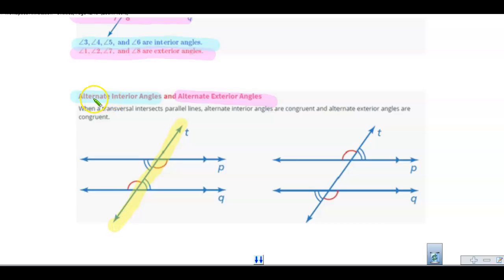So when we have alternate interior angles, that means we have interior angles inside those parallel lines that are on opposite sides of the transversal. One is on the left-hand side, one is on the right-hand side of that transversal. These are what we call alternate interior angles. The important thing to note about alternate interior angles is they are congruent.